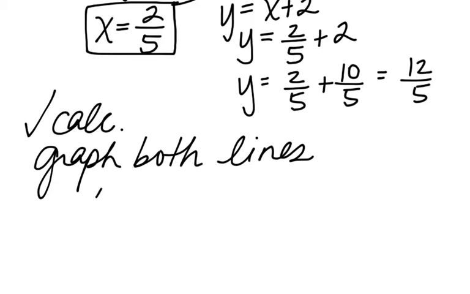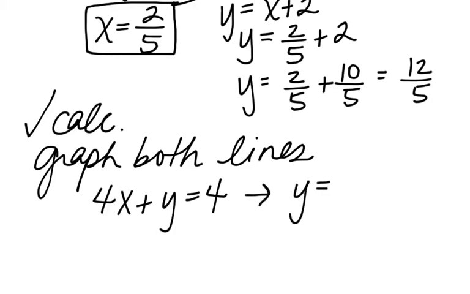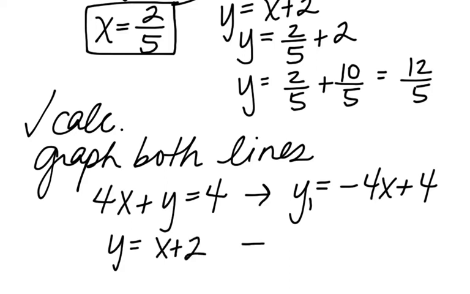Well, if you take a look at the top line, 4x plus y equals 4, you would have to go ahead and rewrite that in slope-intercept form, solve for y equals negative 4x plus 4. So that way, this line is ready to be put into your graphing calculator in your y1. Then the bottom equation, which was y equals x plus 2, nothing needs to be done for that equation since y is already by itself. So you'll put that into your y2.